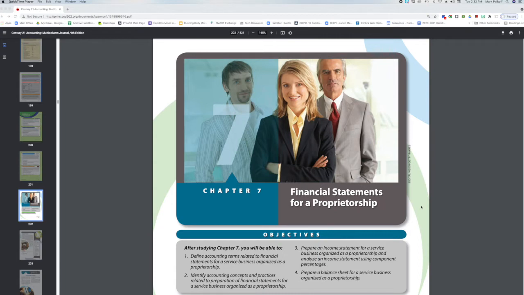In addition to that, we will also be learning how to define accounting terms related to financial statements for a service business organized as a proprietorship, identify accounting concepts and practices related to preparation of financial statements for a service business organized as a proprietorship, prepare an income statement for a service business organized as a proprietorship, analyze an income statement using component percentages, and finally, prepare a balance sheet for a service business organized as a proprietorship.